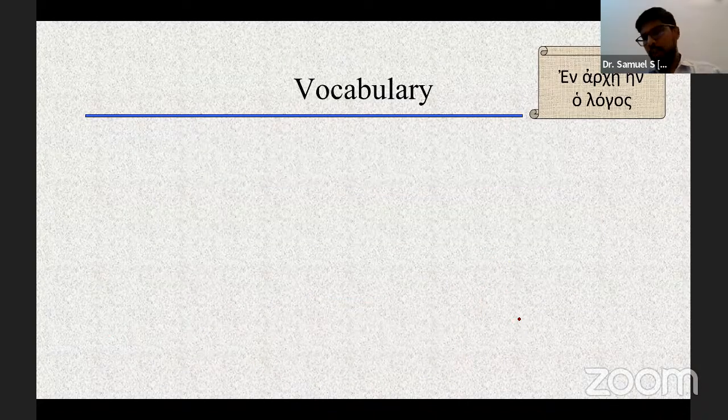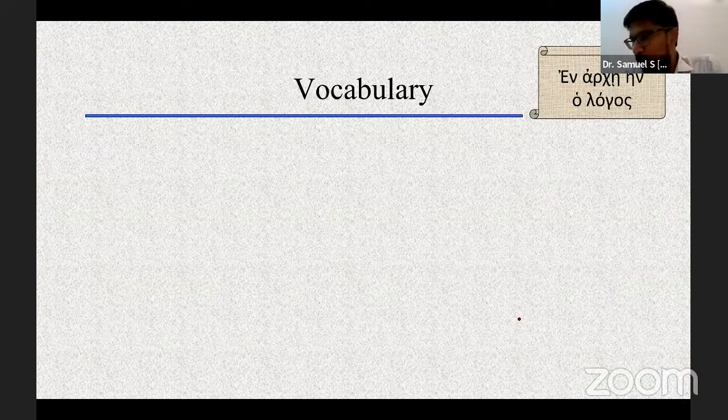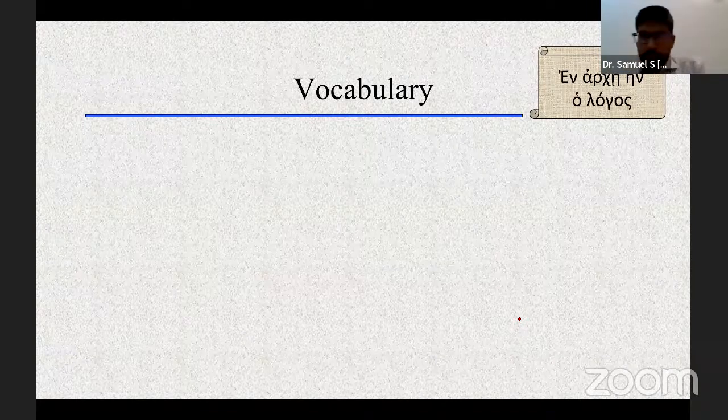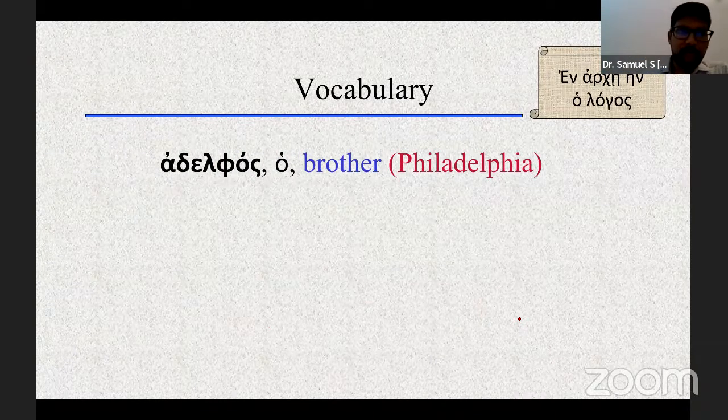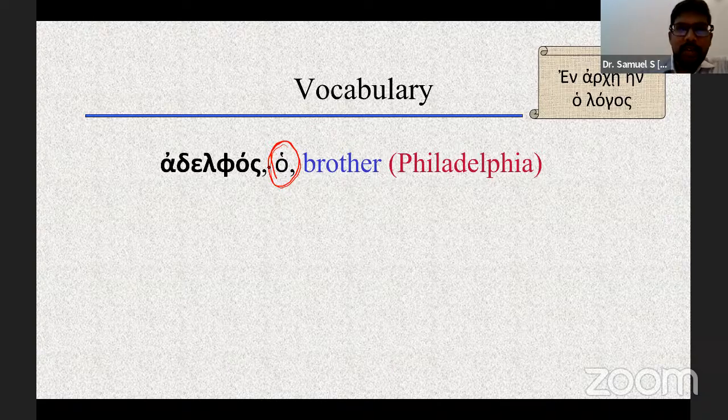Okay. Good progress. You thought we wouldn't be able to do all the slides, but here we are. And let's look at the vocabulary now. By the way, this now should also tell you why we have this little word even in our past vocabulary. Remember, the article has three forms, right?